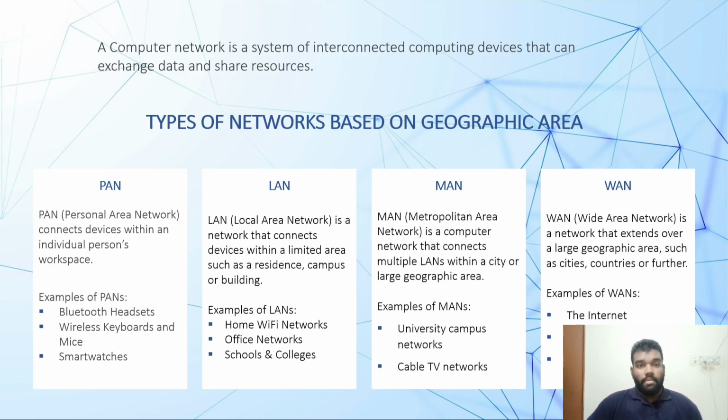This network functions within a range of about 10 meters. The media used in a personal area network can be USB, infrared or IR, Bluetooth, and Wi-Fi. The speed on a personal area network varies on the media used.